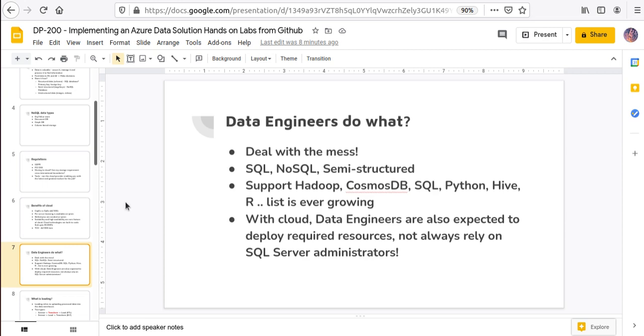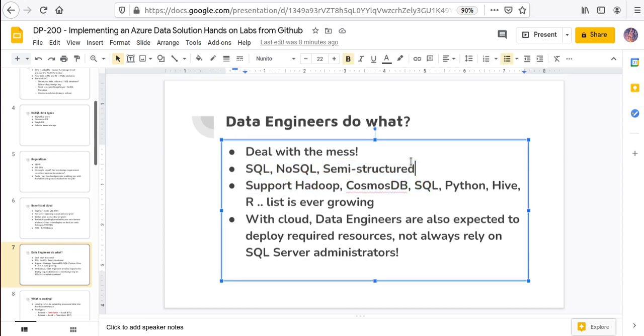Now your data can come to you as SQL, NoSQL, semi-structured or unstructured. As a data engineer, you have to understand these technologies. You cannot say, no, I'm just a MySQL developer, I cannot deal with NoSQL anymore, I don't want to deal with unstructured data. You cannot say that anymore. As a data engineer in today's evolving world, it's expected that you are knowledgeable in all types of data, and that you will be able to support them.